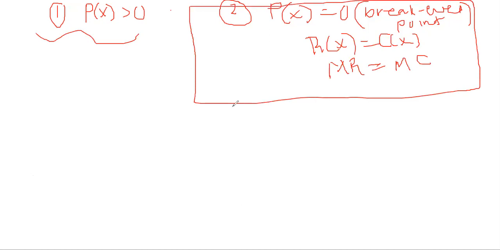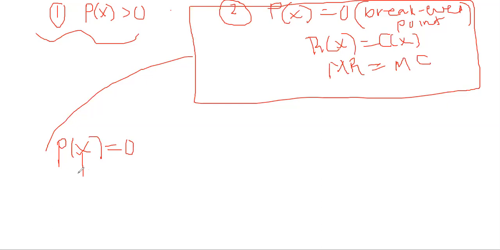So first, we have to equate. We said that using this condition, profit is equal to 0. What we are trying to do here is find the values of x. And we know that x is the number of coffee makers produced.